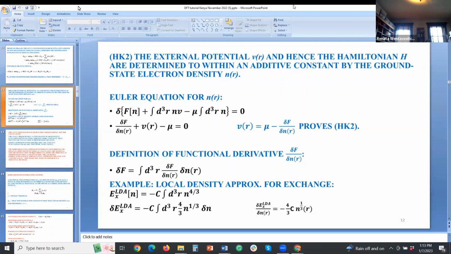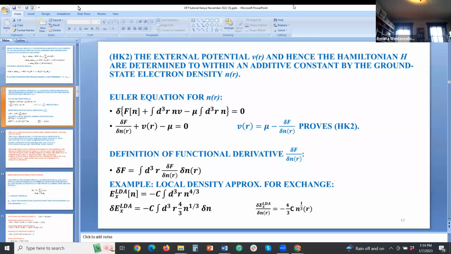The local density approximation for the exchange energy says the exchange energy for a density n is a negative constant times the integral over the three-dimensional space of the density at r raised to the 4/3 power. If we make a first variation of the density, an infinitesimal variation, then this integral becomes what you see on the last line. And this is now in a form where you can identify the functional derivative.